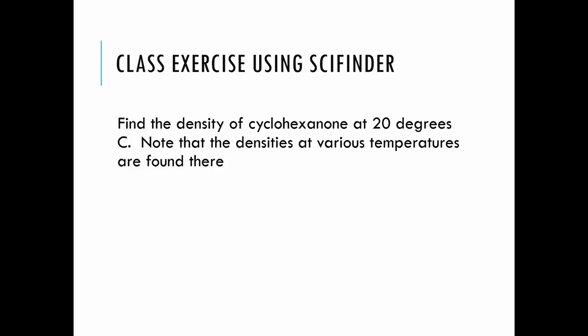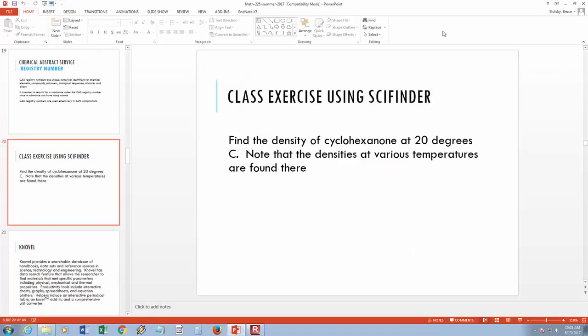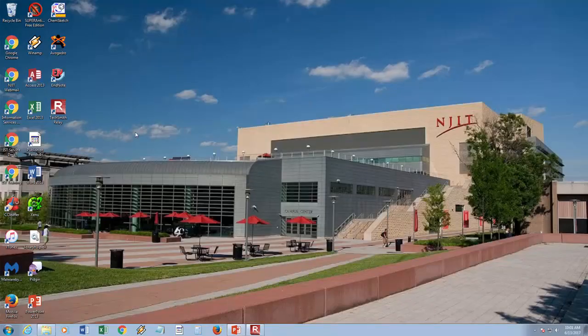So let's get on to SciFinder and do one exercise here: the density of cyclohexanone at 20 degrees centigrade. So let's get off this PowerPoint now for the time being. I'm going to go on to SciFinder.